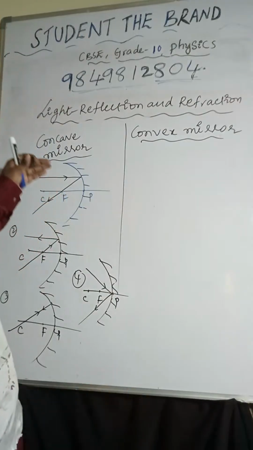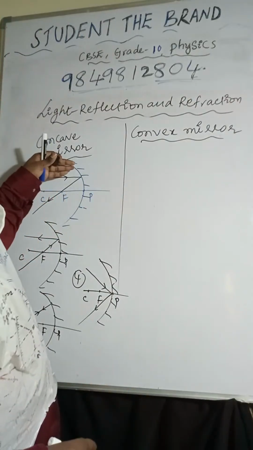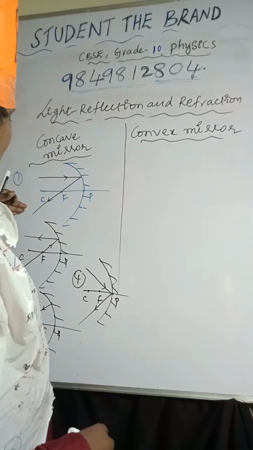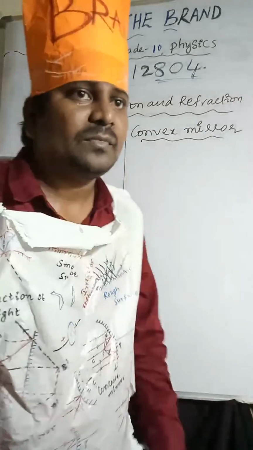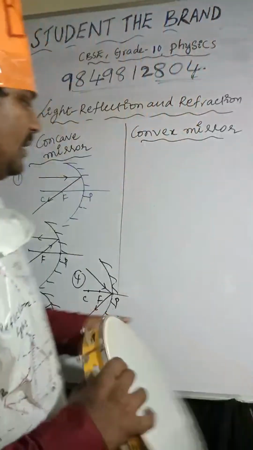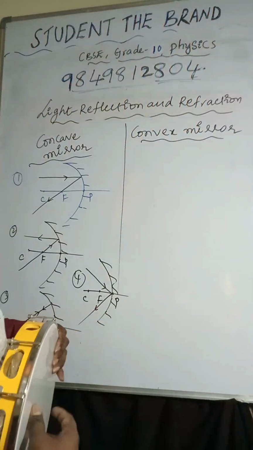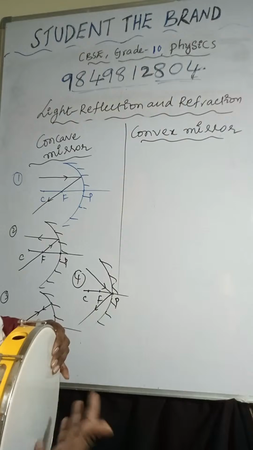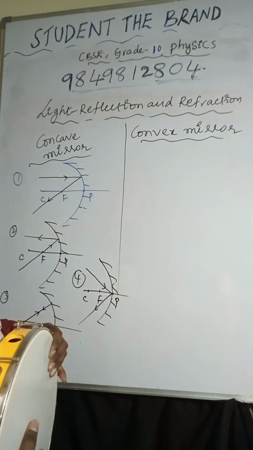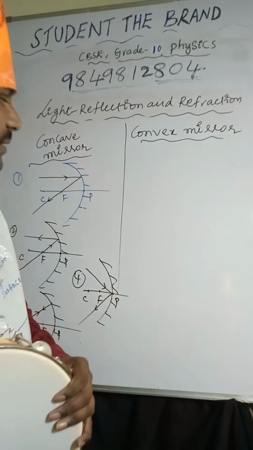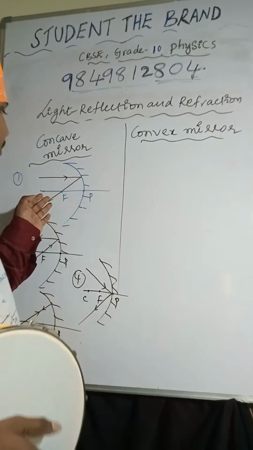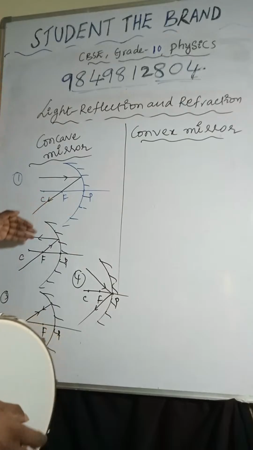So one is light rays coming from infinity; after reflection they pass through focus.